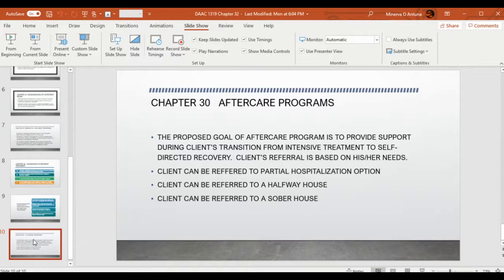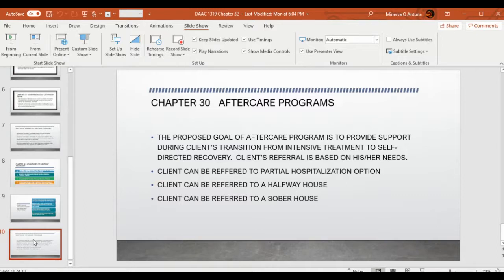And they may be referred to a higher level of care called partial hospitalization or day treatment. The client's opportunity to participate in treatment can be like 4 to 6 hours a day, at least 5 days a week, while they're still at home. And this option is also popular with adolescents because they can go to school during the day and still be in the program during the day.